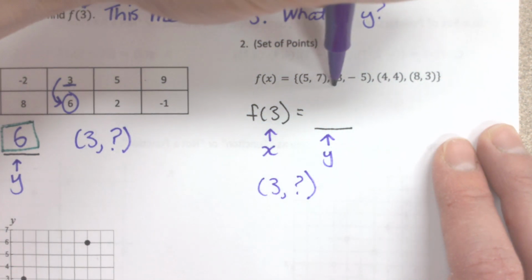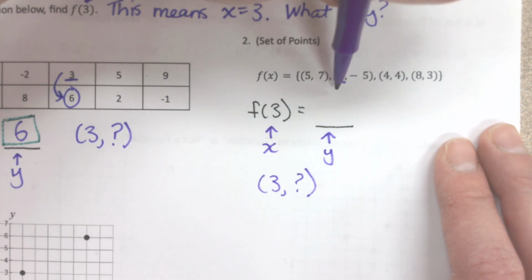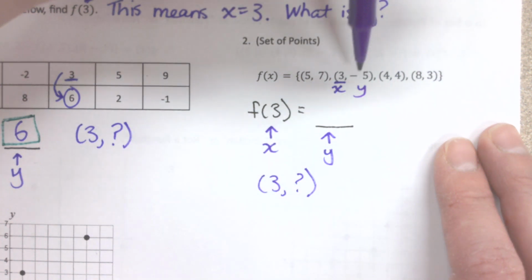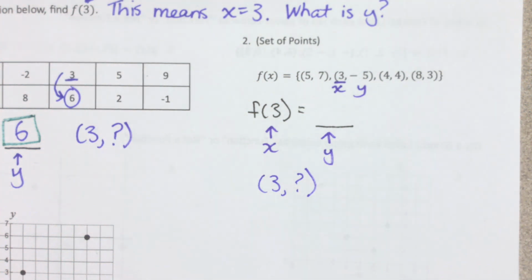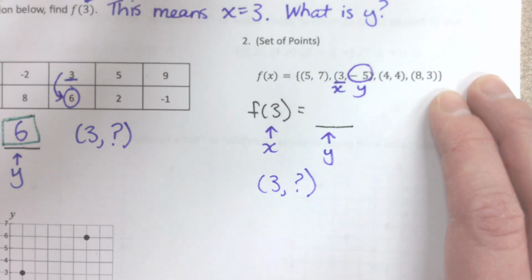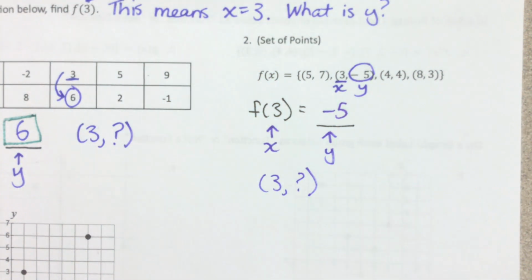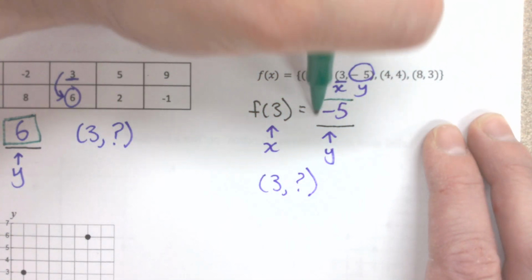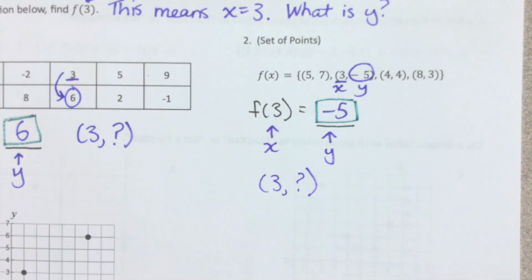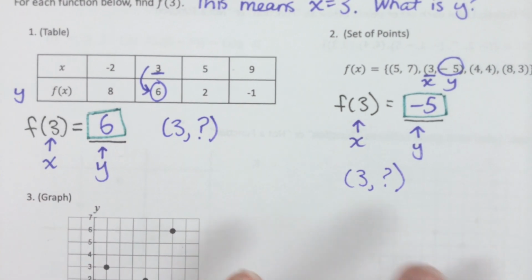That point is the second one, 3, negative 5. 3 is the x value, negative 5 is the y value. That's what we're looking for. So, negative 5 is our answer. Questions on the first 2 examples.